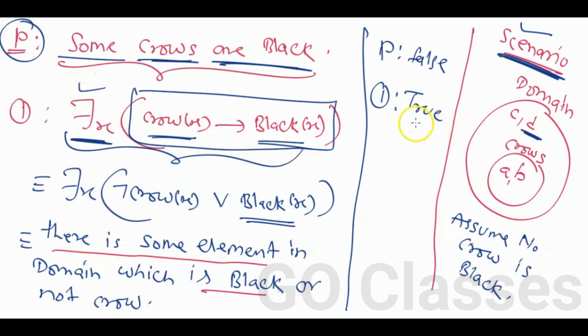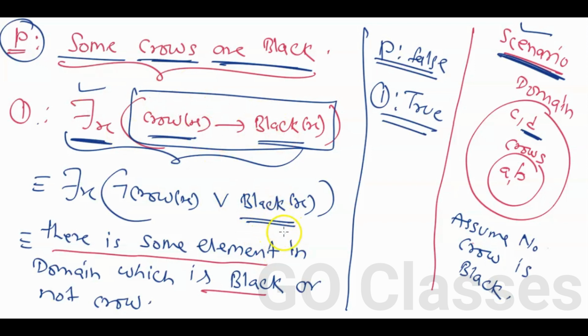So in this scenario expression 1 is true, but our English statement is false. So this is not a correct translation of the English statement. This expression is not equivalent to the English statement.